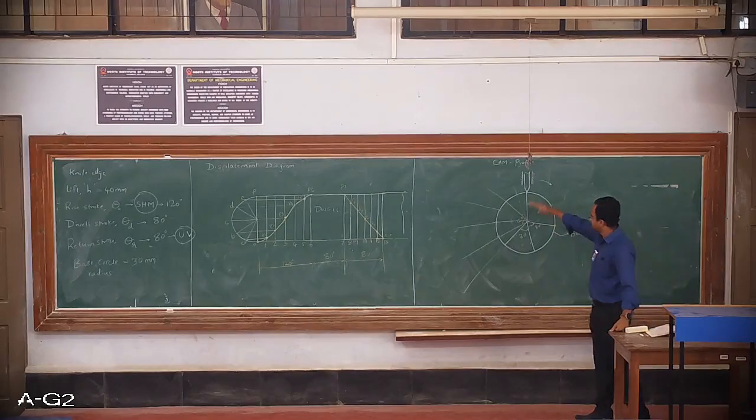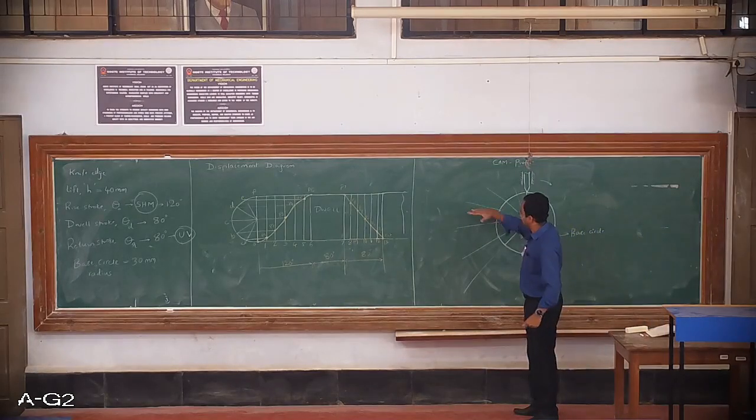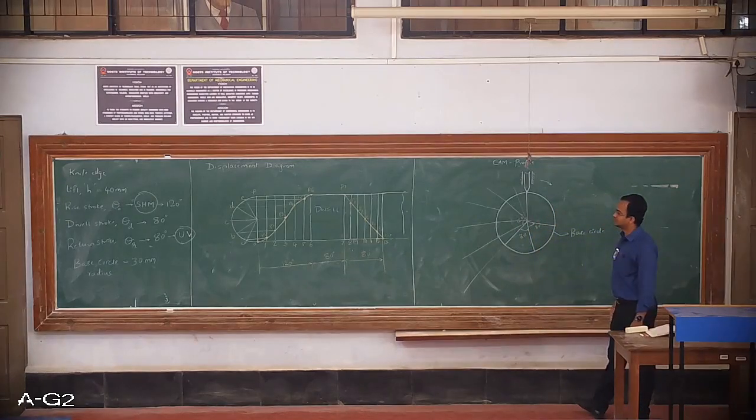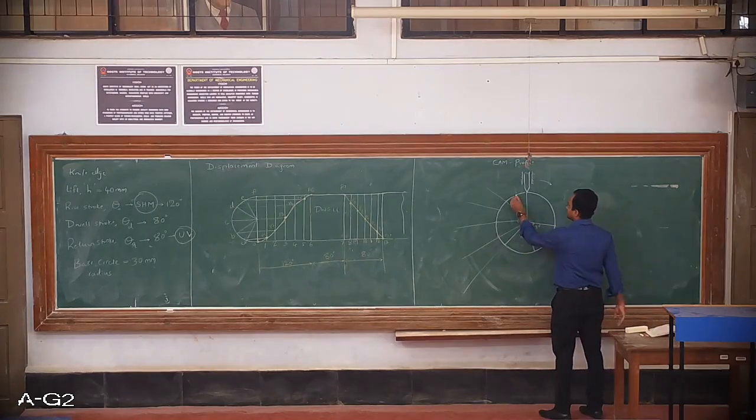I have divided it into 6 parts and drawn the radial lines with increasing length. We'll come to know the reason for this later. After dividing, I'll number the points as 1, 2, 3, 4, 5 and 6.